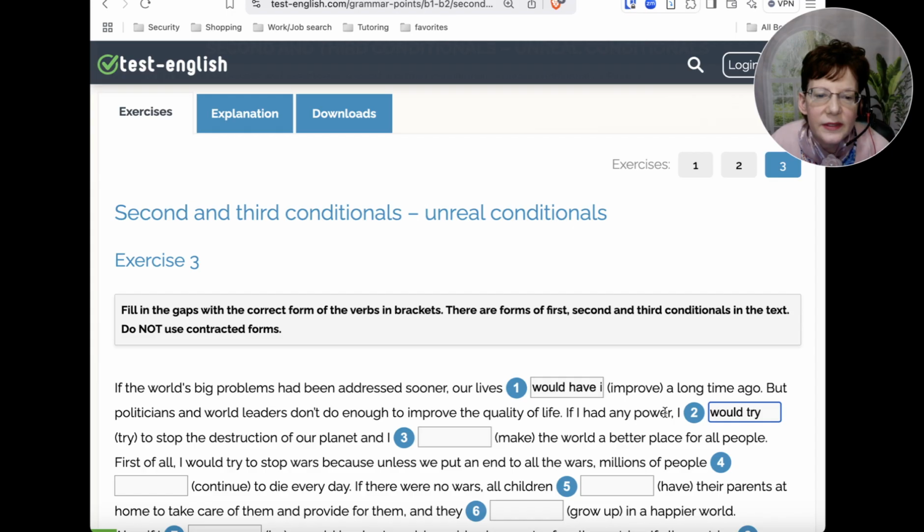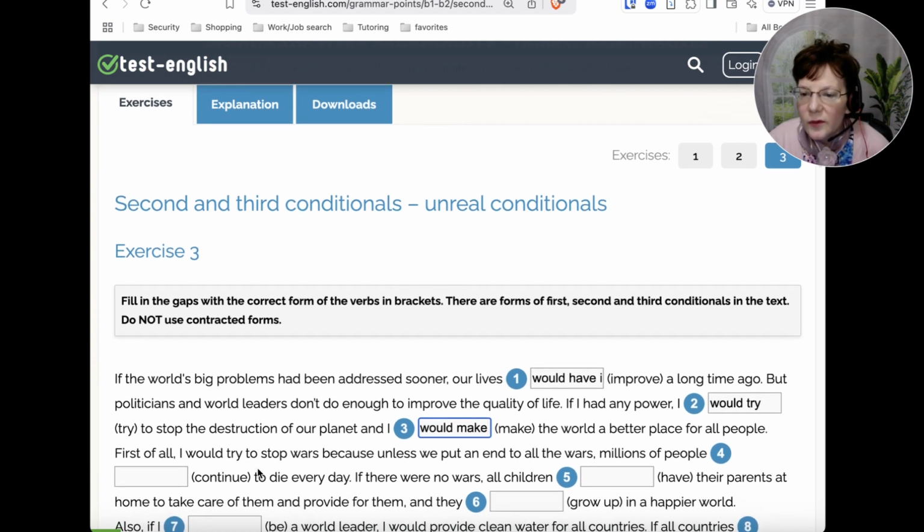We know this is second conditional: would try to stop the destruction of our planet, and "I ___ the world a better place for all people." Again, this is second conditional. Would make. So that would be it for that.